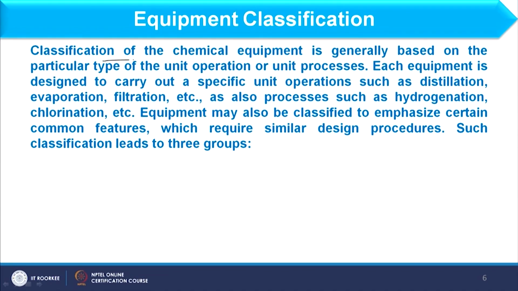So, classification of a chemical equipment is generally based on a particular type of unit operation or unit process. Now, what is this unit operation and what is this unit process? I guess some of you understand the meaning of unit operation as well as unit process.